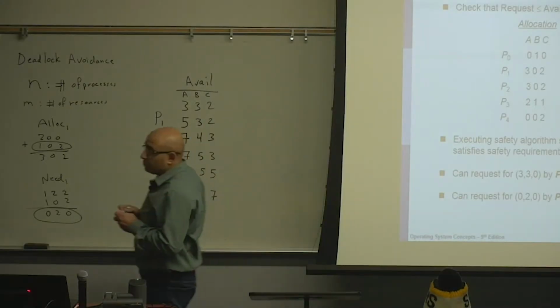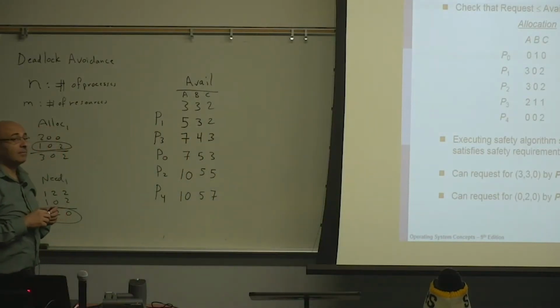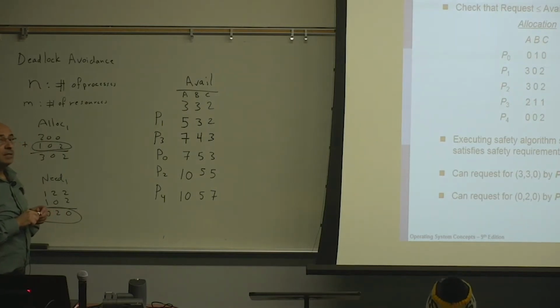What else do we need to update? Available. So we must subtract 102 from available.